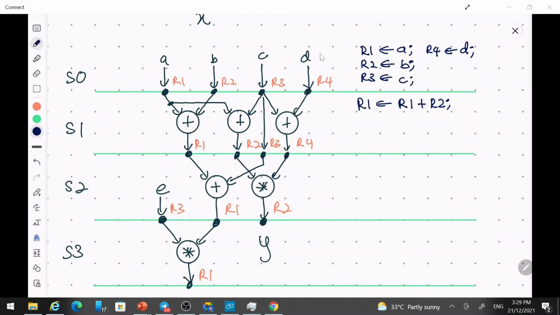Next, you have R2 is actually R1 plus R3. And you have R4 is R3 plus R4.